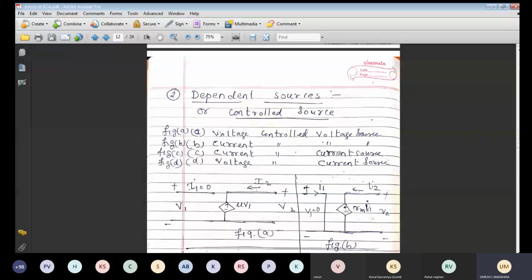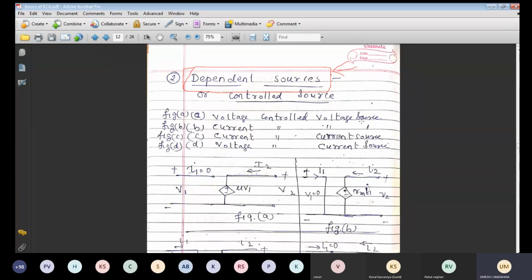Now another source is known as the dependent source. The dependent source depends upon some other parameter of the circuit. There are different dependent sources: voltage controlled voltage source and current controlled voltage source.